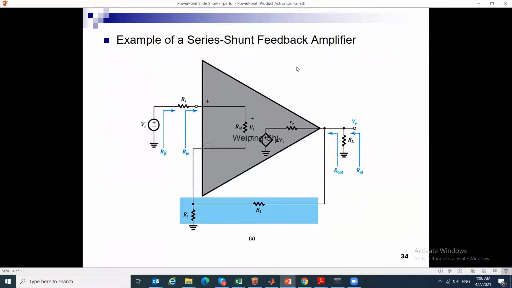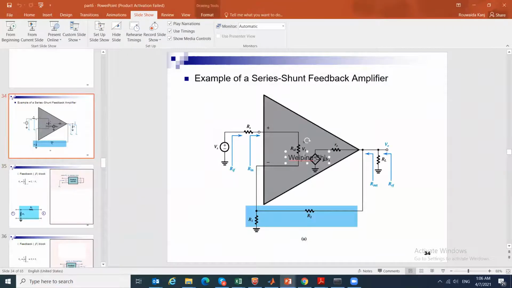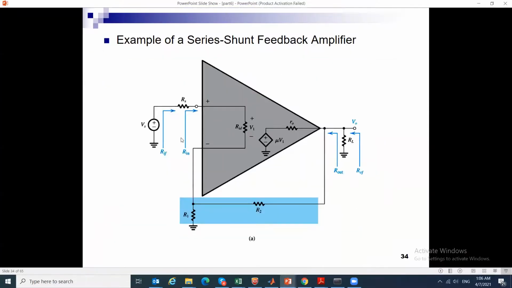So what we have here is the full feedback amplifier. As we said, for the full feedback amplifier, its RIF includes RS and its ROF includes RL, and then the Rin and the Rout are beyond these points.